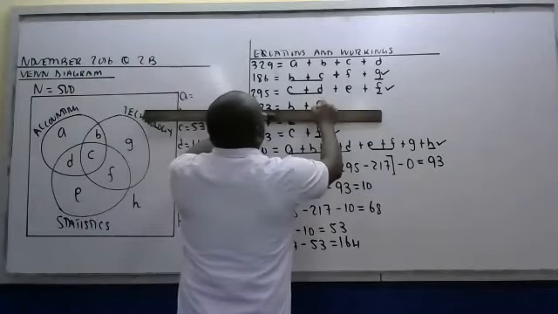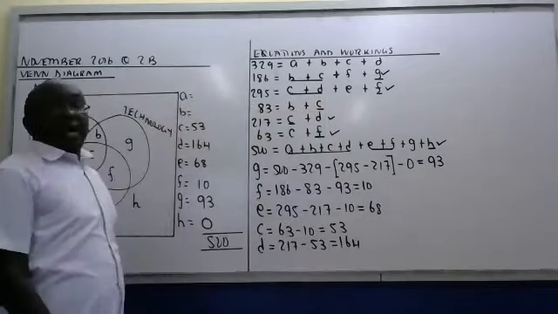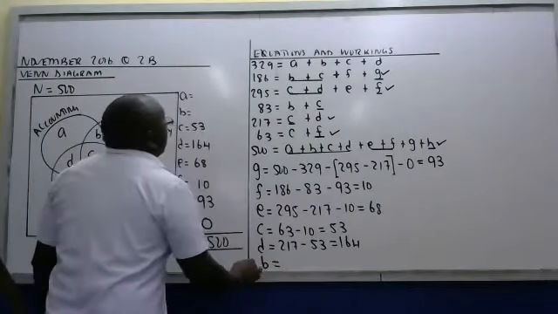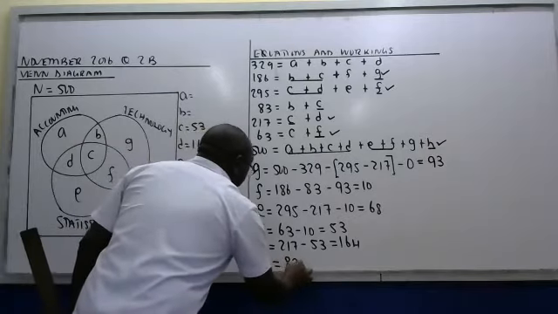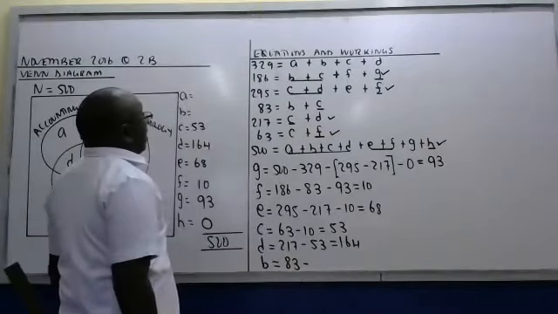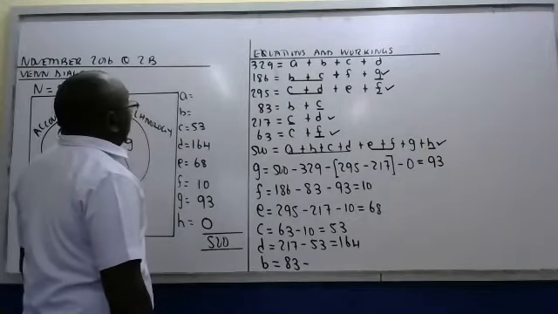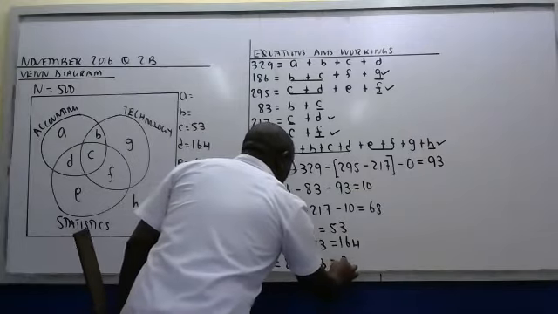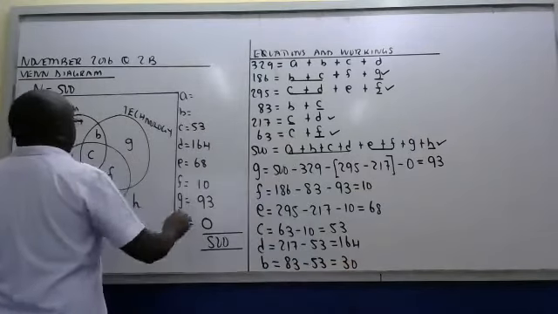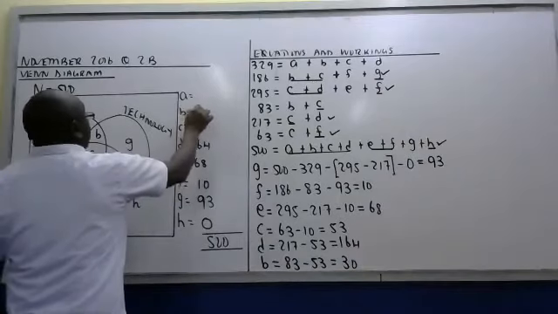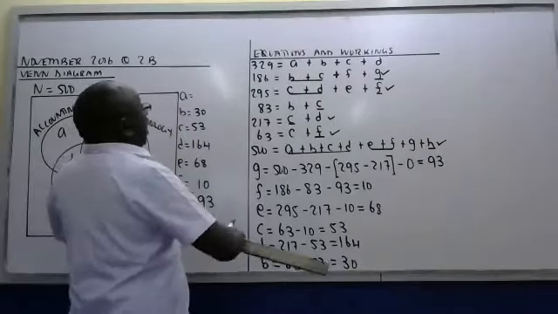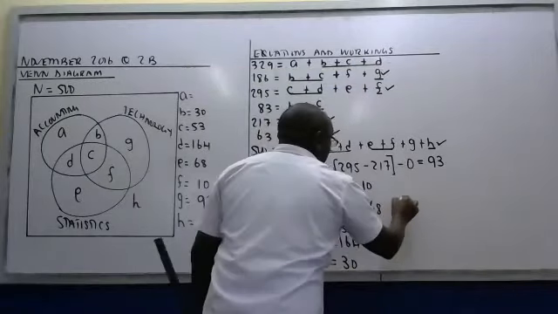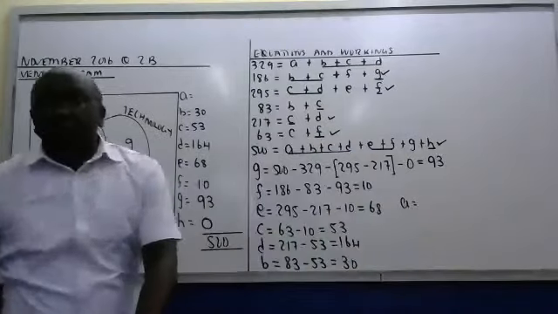Then we come here. We get C, helping us to get B as 83 minus C, which is 53, and that gives us what? 30. So B is 30. Then this other one, look for A from there. Look for A. 1 minute.